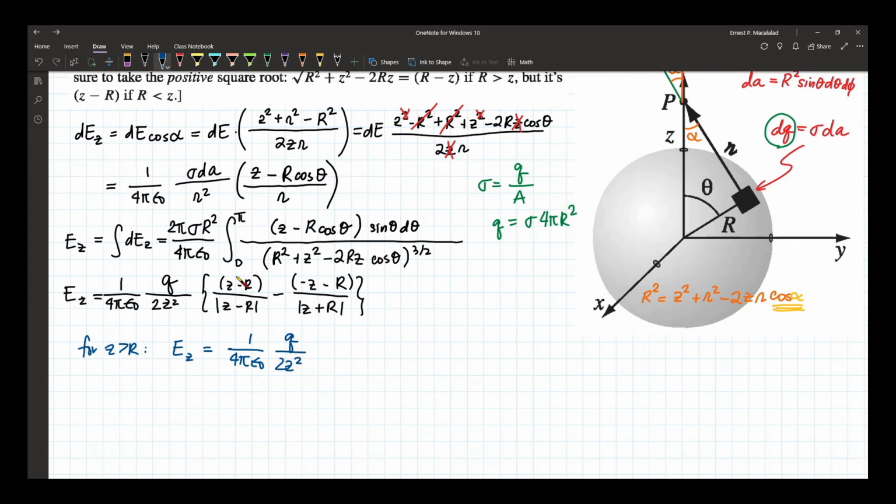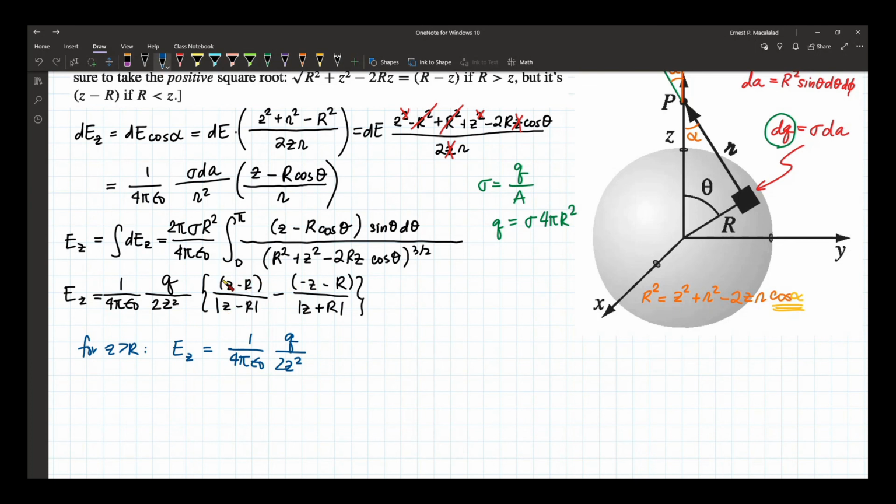Now for z greater than r, this is z minus r over z minus r, which is 1. And this becomes negative z plus r divided by z plus r, so minus negative 1, which is plus 1.